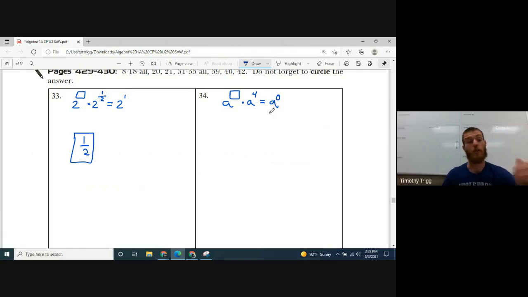Because a to the power of 0, that's 1. So what would have to go here in order for this to be 0? Well, that would be -4. Right? So a to the power of -4 times a to the power of +4, that would give us a to the power of 0, which is 1. So -4 goes in that blank.